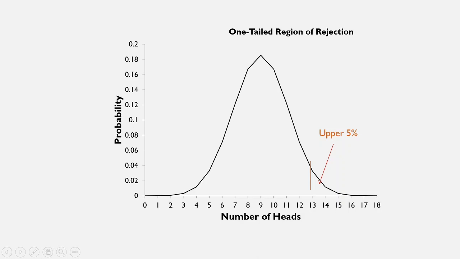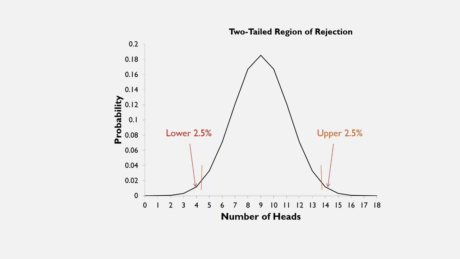So you see there, the result that will happen 5% of the time or less is to get 13 heads on 18 coin flips. We would need to have a result more extreme than that to make it into the region of rejection and declare statistical significance. So this appears to be a bigger region of rejection, but that's because we only have one on one side.